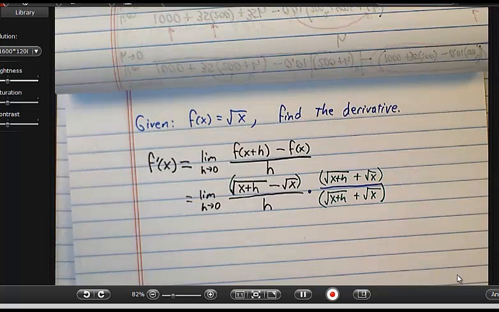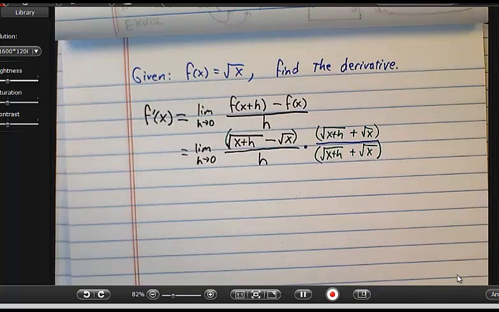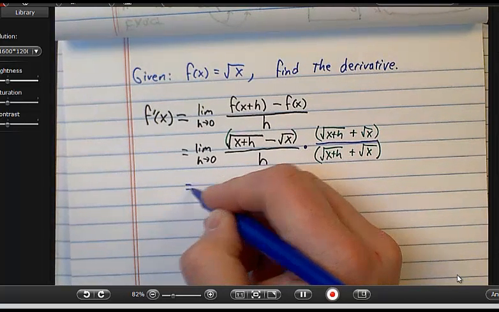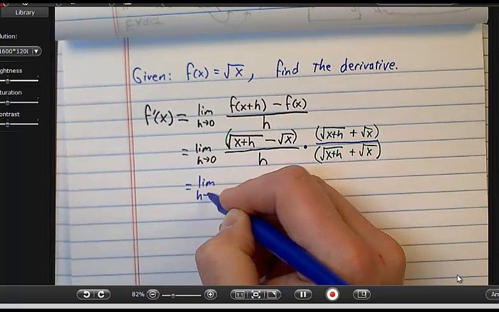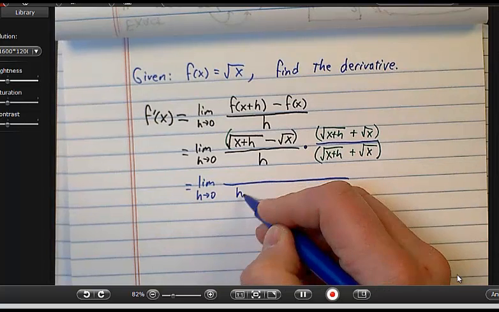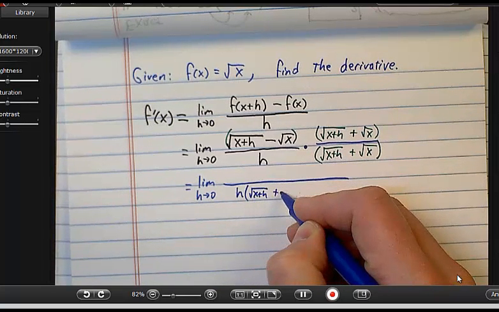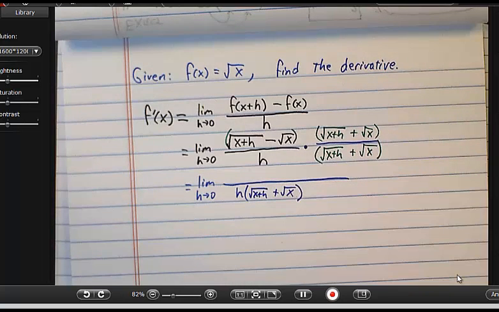So let's work out what that is. We get limit as h approaches 0. I told you guys, don't worry about the denominator, just leave it the way it is. H times the square root of x plus h plus the square root of x. Now what about the numerator? What are we going to get?